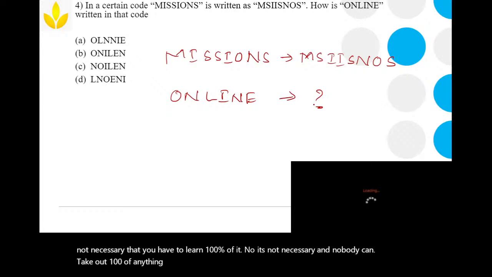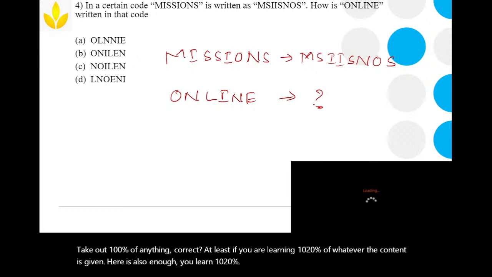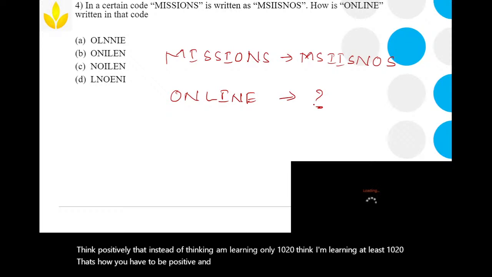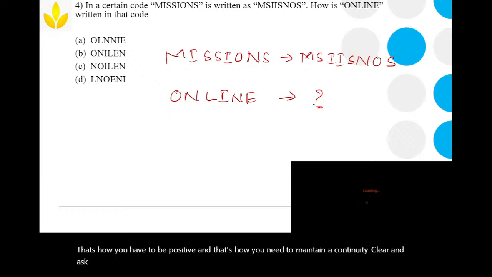At least if you are learning 10-20% of whatever the content is also enough. Think positively: instead of thinking I'm learning only 10-20%, think I'm learning at least 10-20%. That's how you need to maintain continuity. Clear? And ask your friends also to join the class.